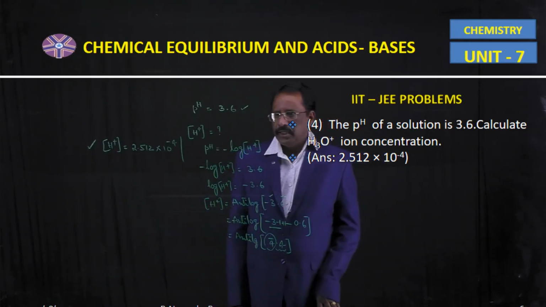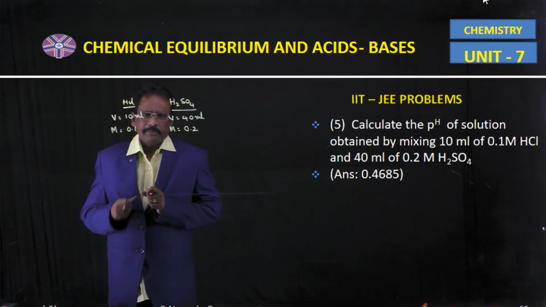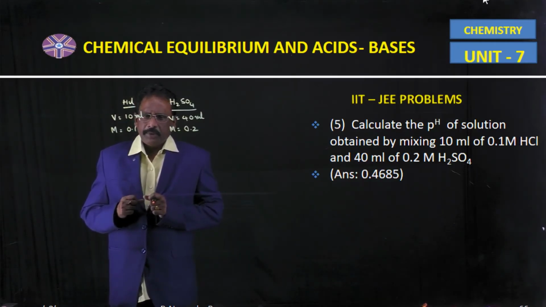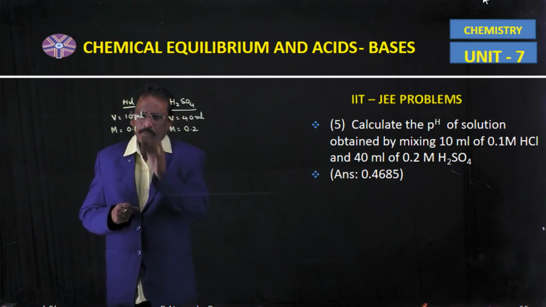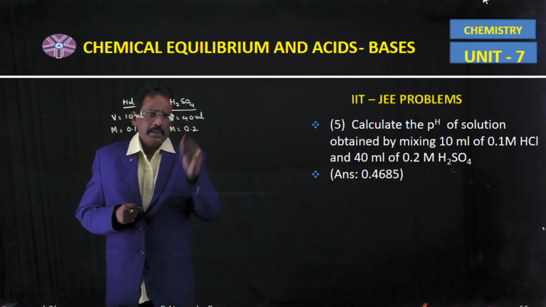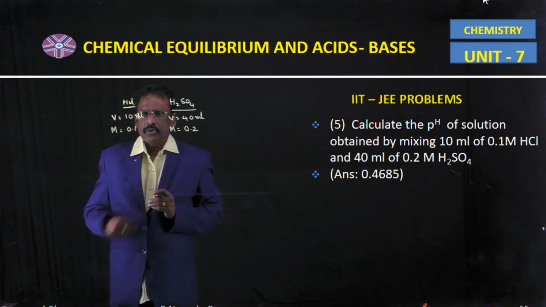That means pH is equal to minus log H plus ion active mass. Now in this problem, calculate the pH of solution obtained by mixing 10 ml of 0.1 molar HCl and 40 ml of 0.2 molar sulfuric acid solution.